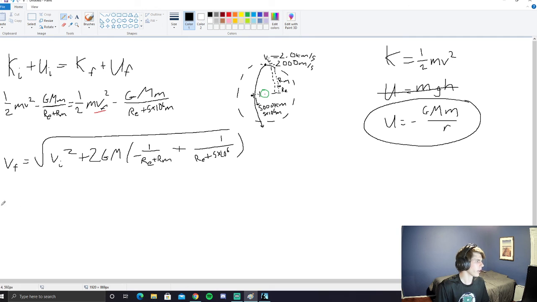And if you solve that, plug in all those values, you get 8,940 meters per second. And that is the solution.